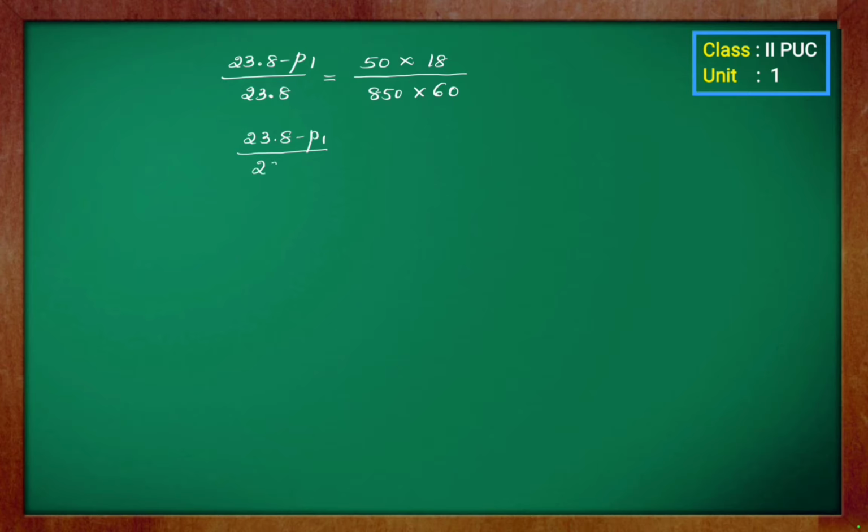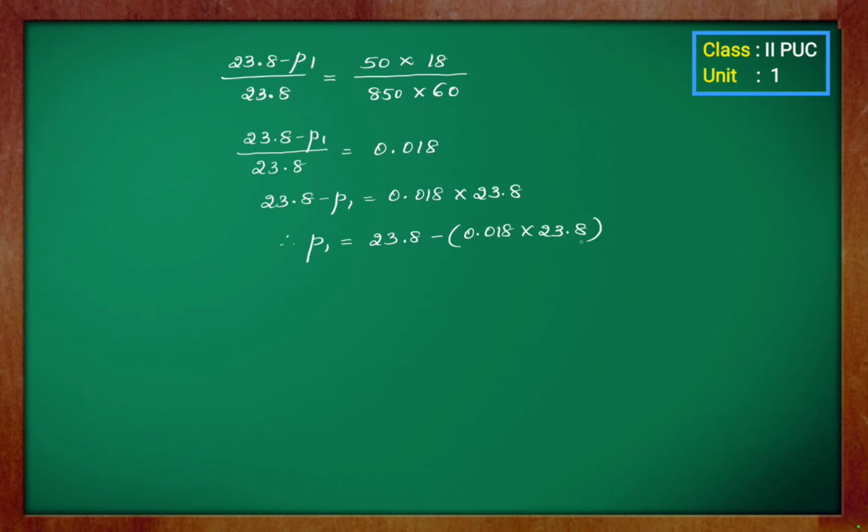23.8 minus P1 divided by 23.8 is equal to 0.018. So from this we can write 23.8 minus P1 is equal to 0.018 into 23.8, and therefore P1 is equal to 23.8 minus 0.018 into 23.8.